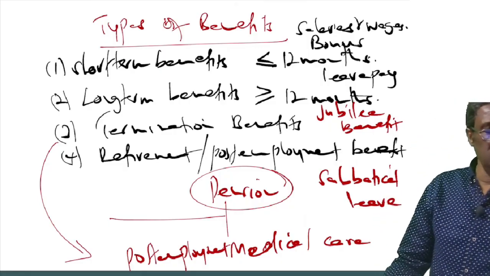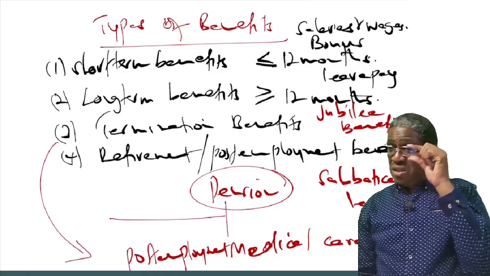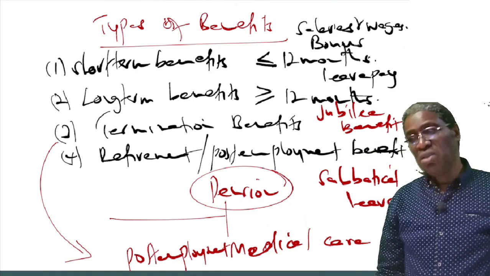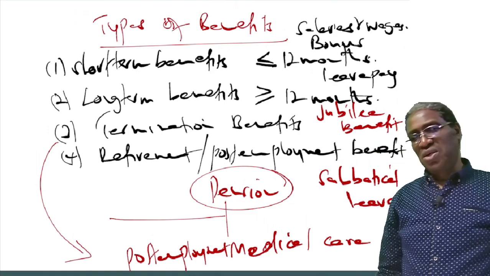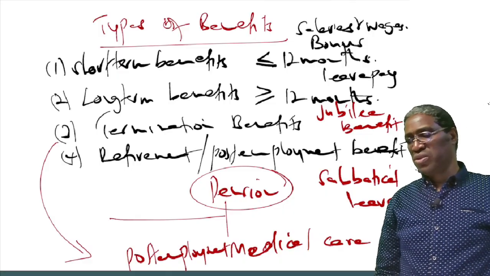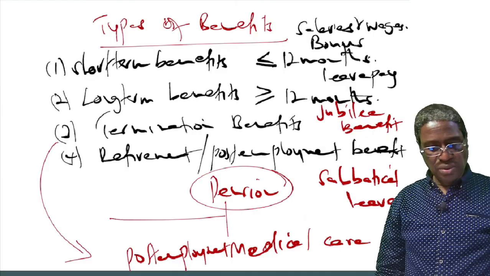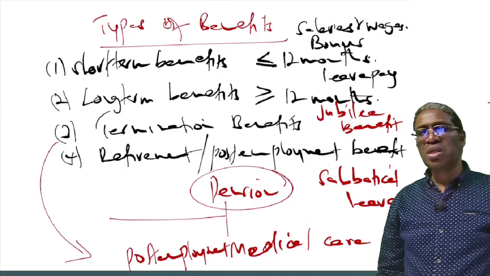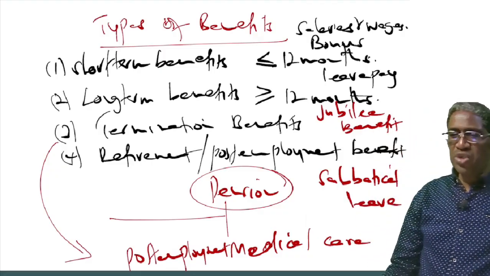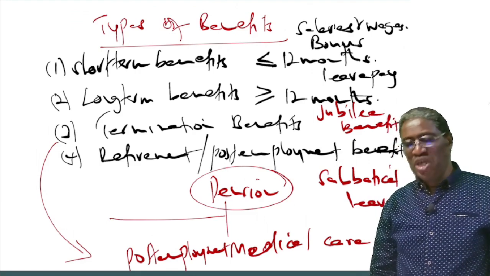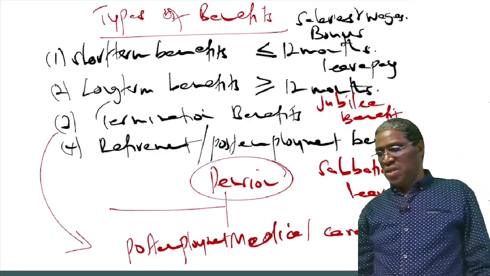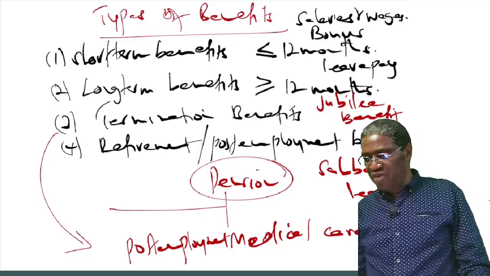These are benefits that accrue to employees after the normal retirement date, e.g., pension and post-employment benefits.